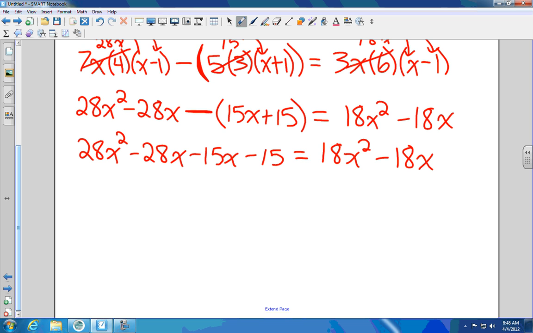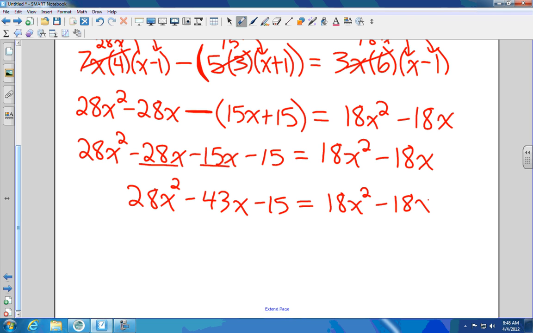Don't make mistakes. So we've got 18x squared minus 18x over here. We've got to get rid of both of those. We've got to get that side to equal 0. First, though, can we combine anything on the left? These two x's in the middle we can combine. So negative 28x minus 15x is what? So minus 43x minus 15.